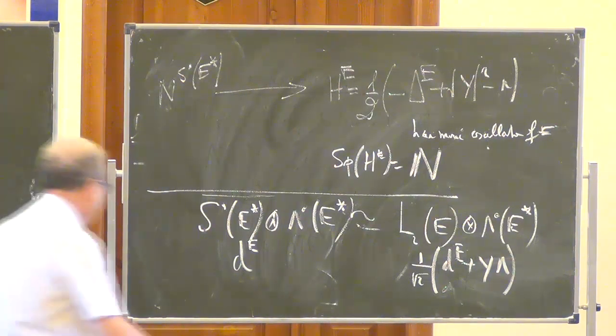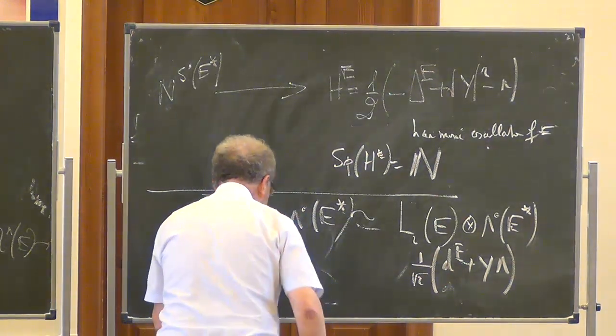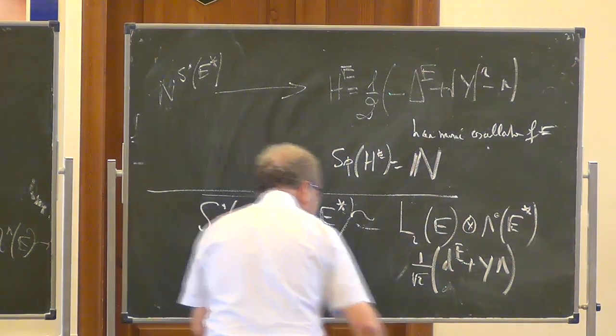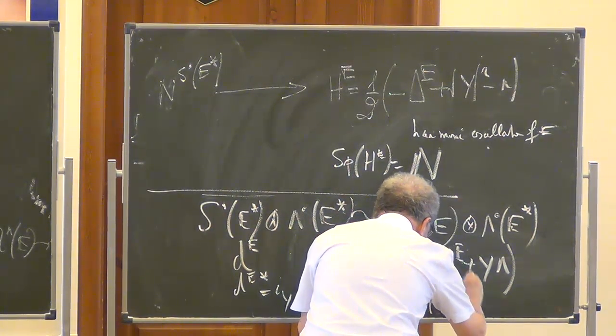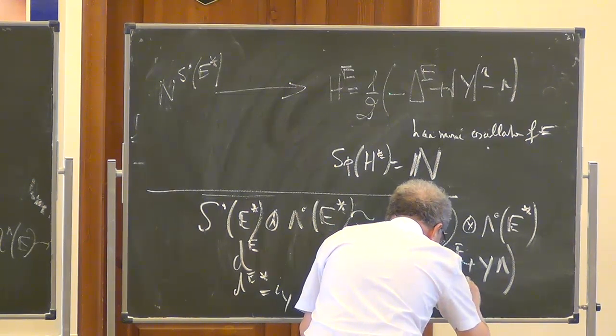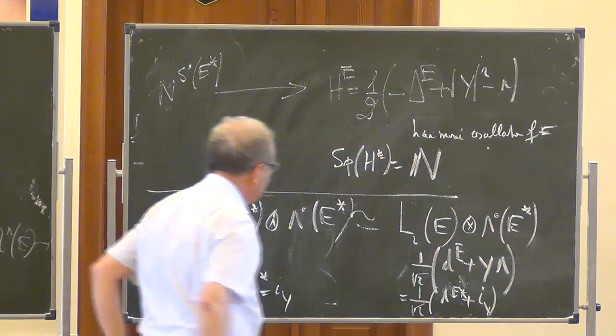Its adjoint dE star, which is just a contraction by y, becomes 1 over square root of 2 times dE star, the classical adjoint, plus the contraction by y.